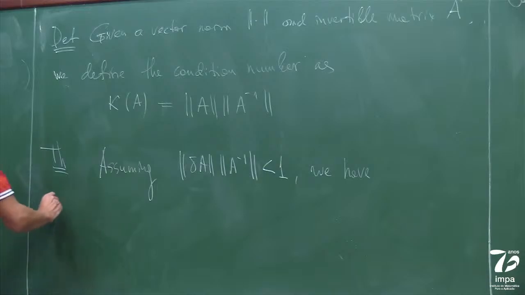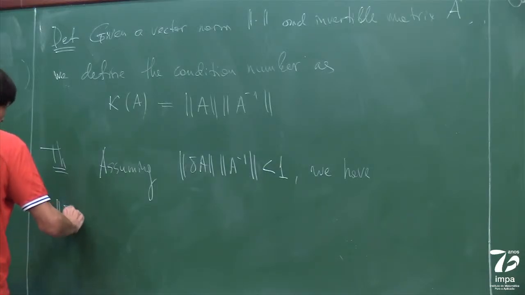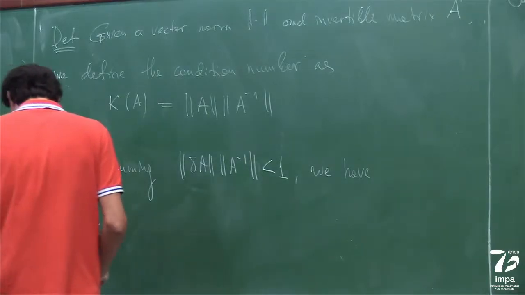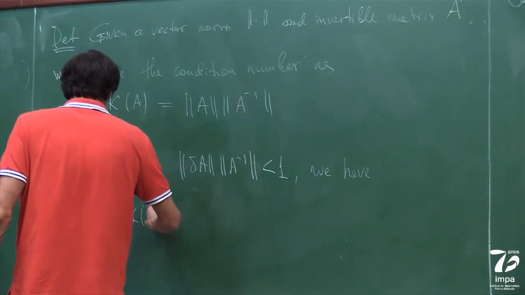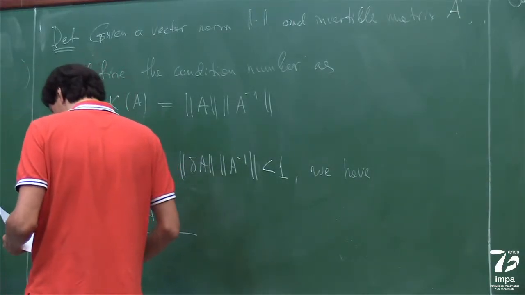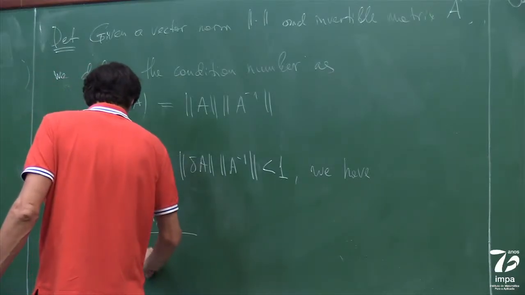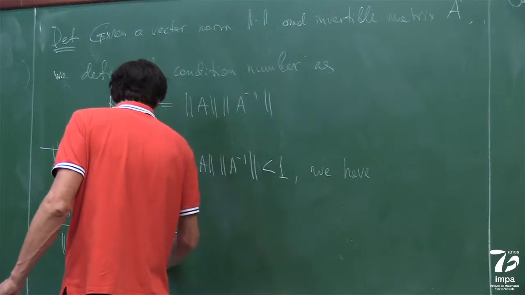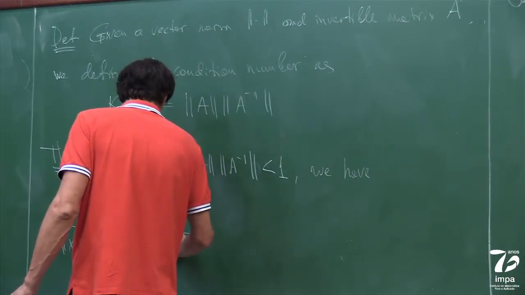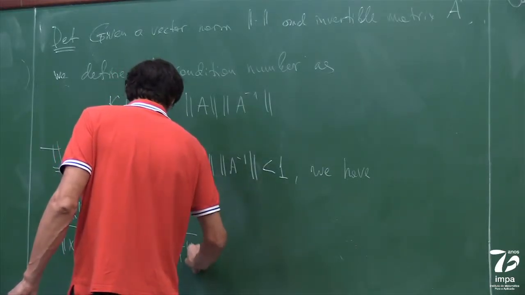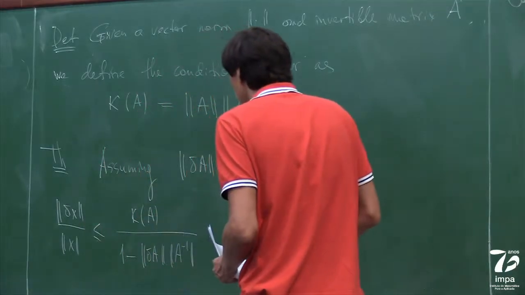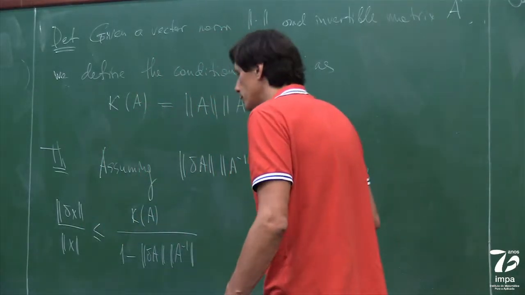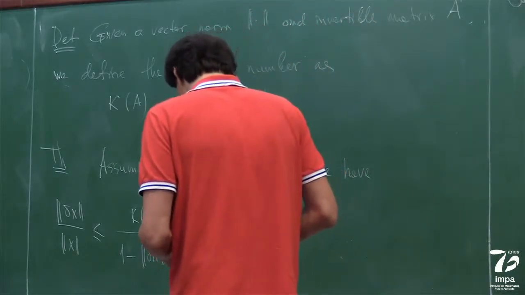We have an estimate on the relative error of the solution. So it's smaller or equal. The first coefficient is the condition number divided by 1 minus this part, which is smaller than 1, so it doesn't cause a problem. Usually, if the error of the matrix is very small, this is close to 1, so the denominator is not so crucial.